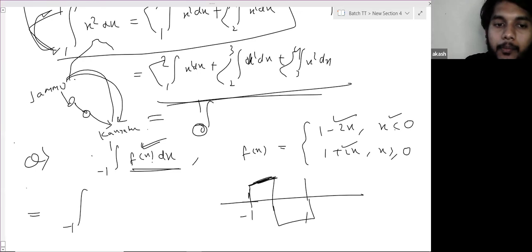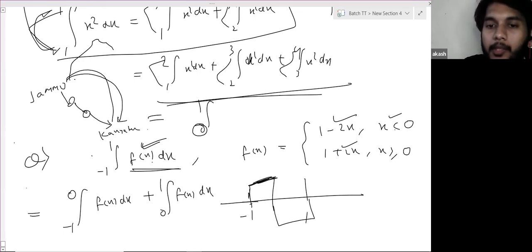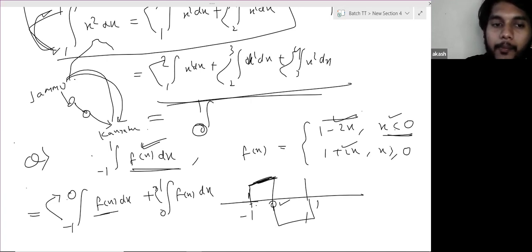-1 to 0 f of x dx plus 0 to 1 f of x dx. -1 से 1 के बीच के रास्ते में आता है 0, so I broke it down -1 to 0, 0 to 1. Now I know from -1 to 0, when x is less than 0, f of x will be 1 minus 2x.